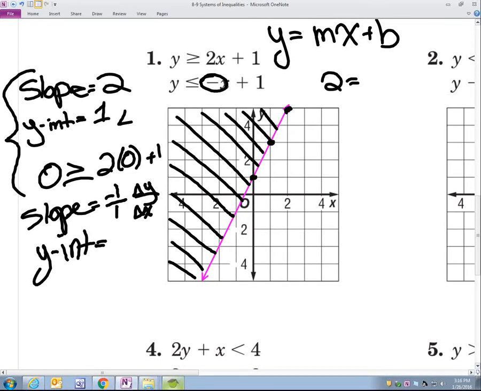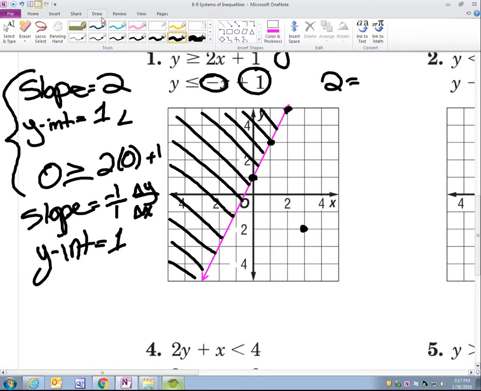I might have to maneuver my variables around to get slope-intercept form, so I just solve for y if it isn't in y equals form. My y-intercept is 1 once again, right here. My slope is negative 1 over 1, so I go down 1, over 1, down 1, over 1, and there's my other plot point. So I can draw another line.